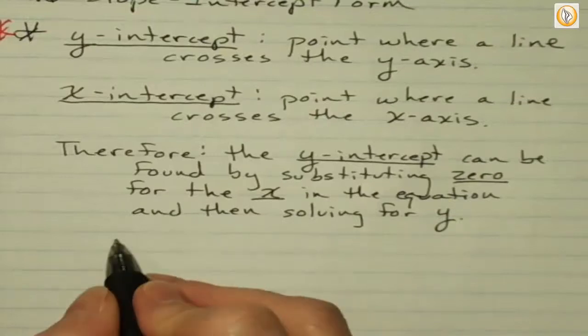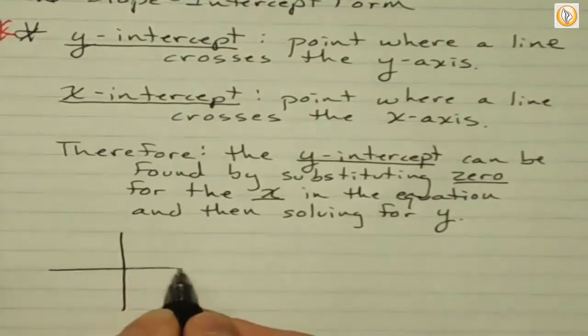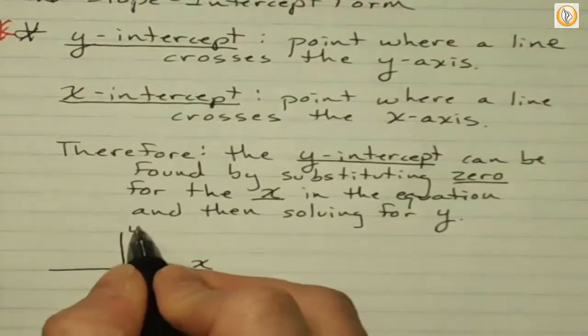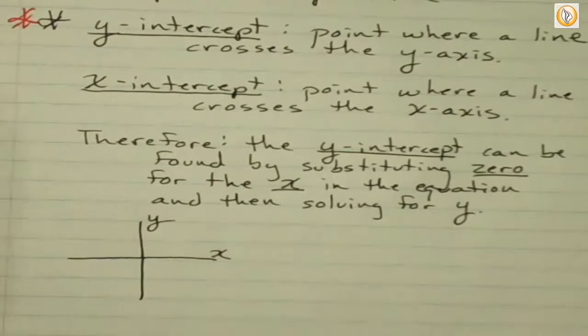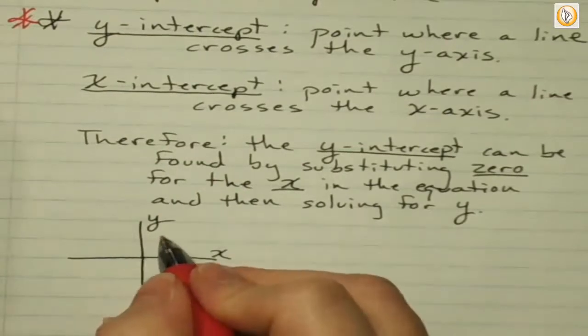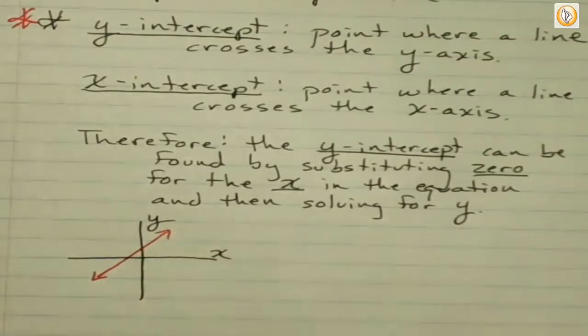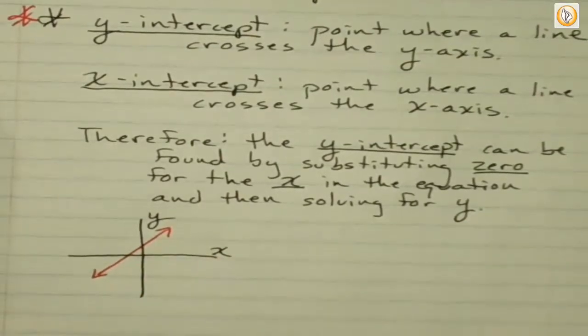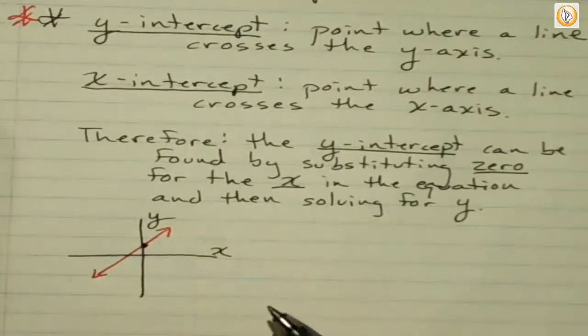And real quick, a drawing. Let's pretend this is my x-axis and that's my y-axis. This is my graph or my line. Where this line crosses the y is the y-intercept.